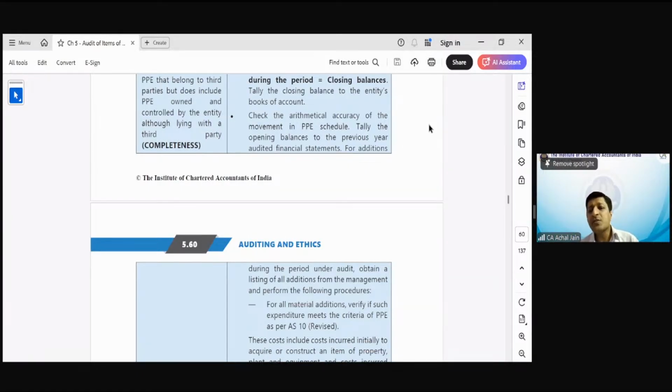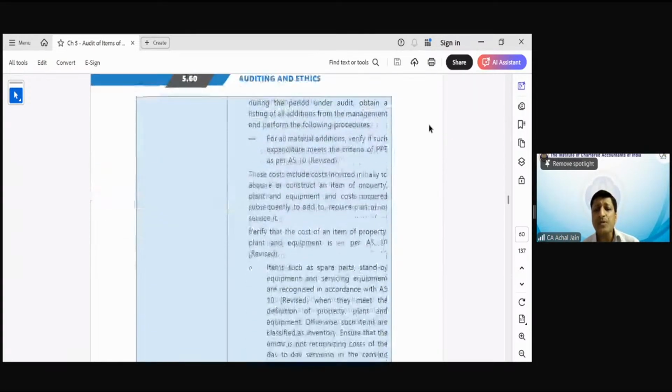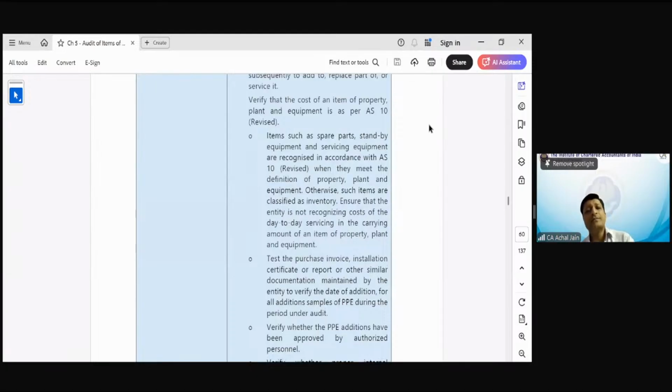The quotations would have been obtained by the company, so whether the prices were finalized on the basis of quotations, or is it only one vendor with whom the company has been dealing? Some of these aspects are also required to be looked at.